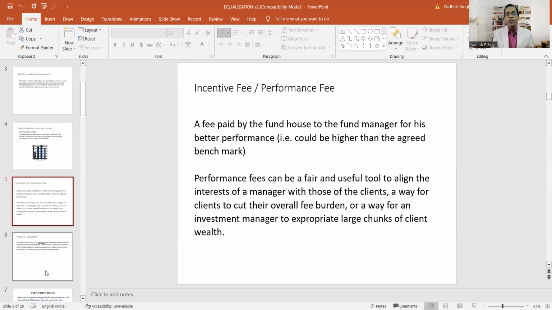So suppose the investor expects the NAV to reach from 100 to 105 and the investment manager manages it in such a way that it becomes 115, then the investment manager deserves a performance fee of 15-20% on the amount by which it exceeds the performance, or it could simply be the overall profit over the previous NAV. So incentive fee aligns the interest of the investor as well as the investment manager, and it helps the investment manager get proper compensation when the fund performs well.